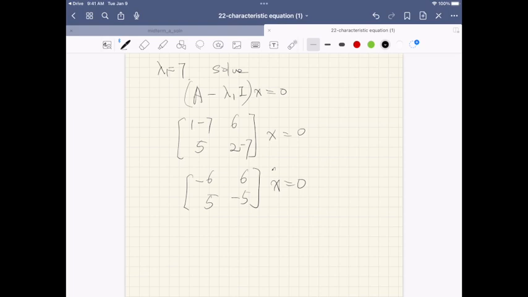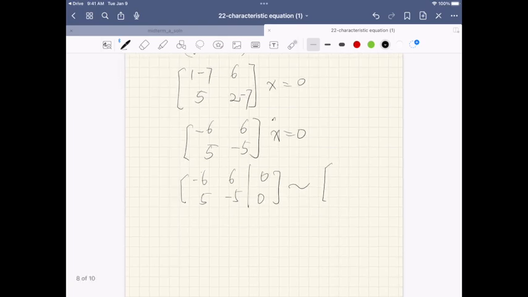So it becomes 1, -1, 0, 0. Maybe I should do the augmented matrix. The augmented matrix you want to solve is 5, 5, -5, and 0, 0. And REF is given by, after some EROs, you can figure this out by yourself.